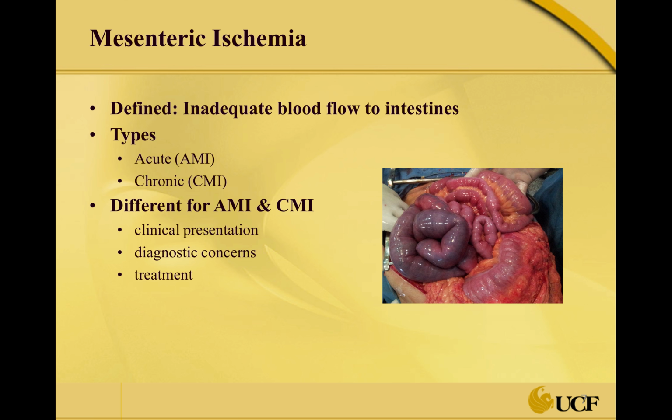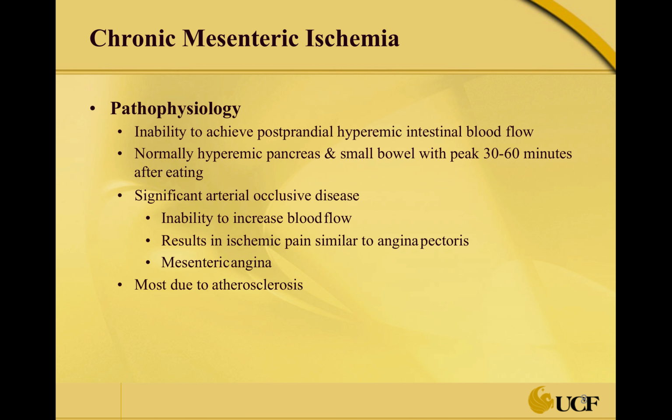In more specific terms, it is usually defined as inadequate blood flow to the intestine, and for the purpose of this lecture, we're characterizing mesenteric ischemia into acute and chronic. Different for AMI versus CMI are the clinical presentation, diagnostic concerns, and treatment.